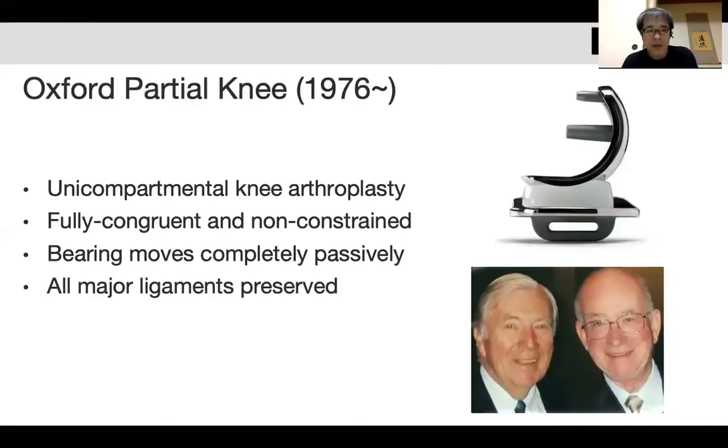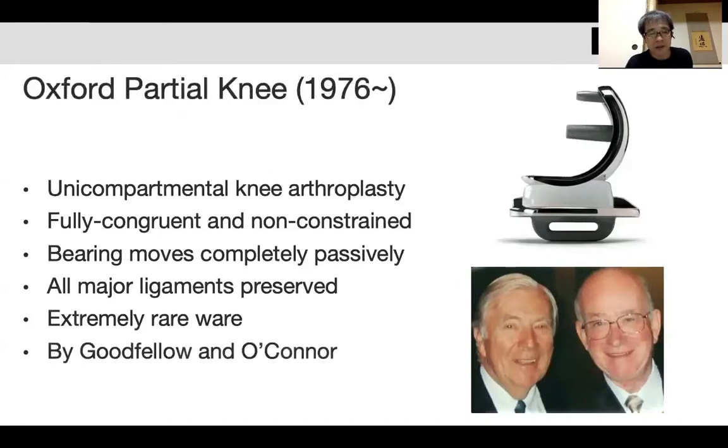So the bearing moves completely passively, and all major ligaments, including ACL and PCL, can be preserved. It can improve patient satisfaction. And the wear is extremely rare, a very small amount, around 0.01 millimeter per year.